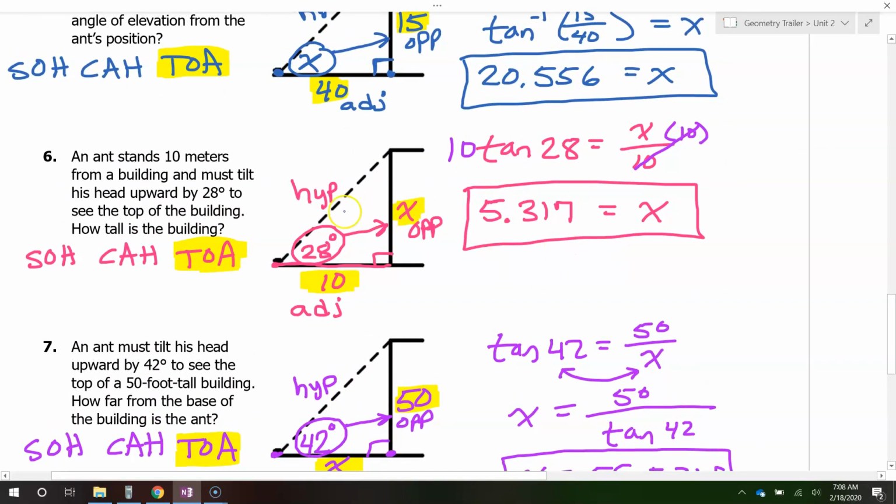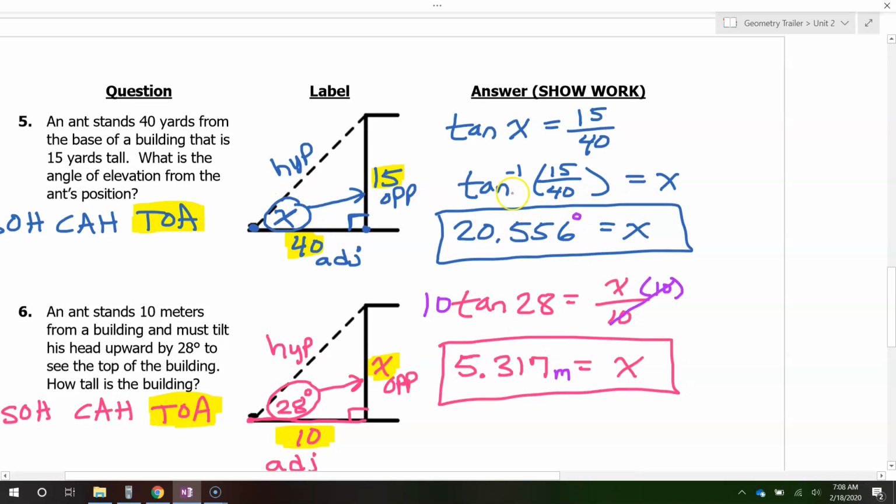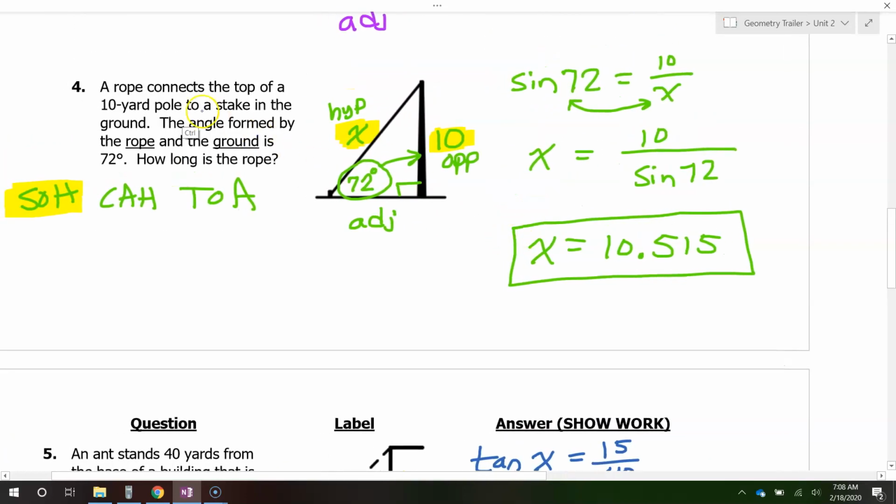All right, problem number 6 was in meters, so I should put meters right there. Okay, x is an angle, so that's going to be degrees. This problem was in yards, so I should put yards.